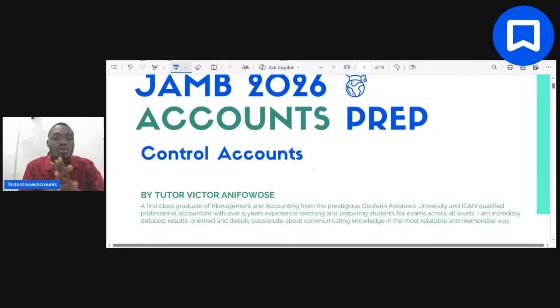We dived into control accounts fully. I explained what we mean by sales ledger control account, and then we also explained what we mean by purchases ledger control account.